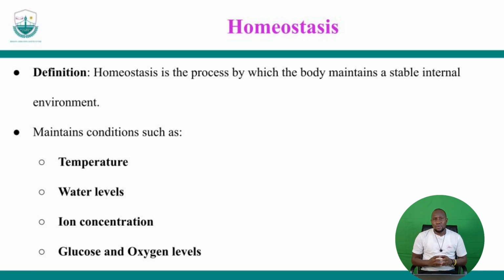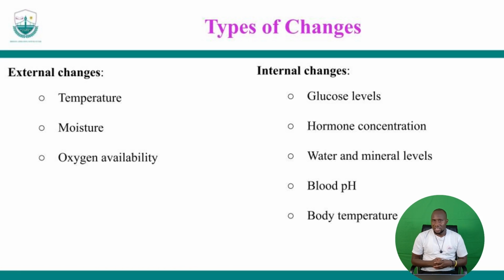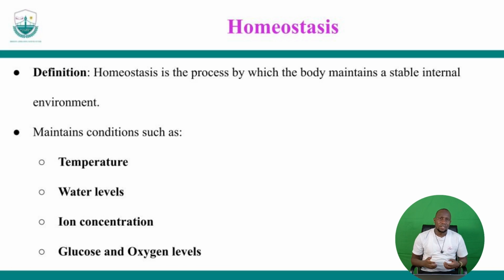But you can also have external changes, changes in temperature, moisture, levels of oxygen, and things like that. So the body is subjected to these changes, both external and internal.